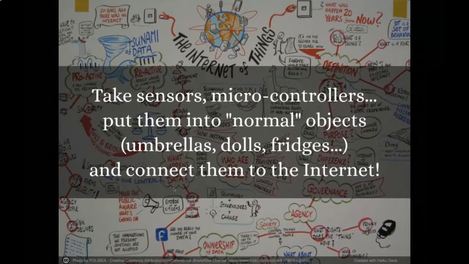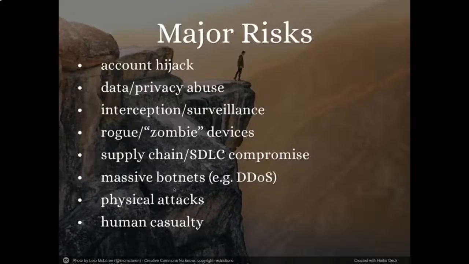So when we put sensors, microcontrollers, and all these things into existing objects to upgrade them, to make them smart, or when we create robots, as we have seen just before, and connect them to the internet, well, there are some risks to this. There are some security considerations that are important to consider.